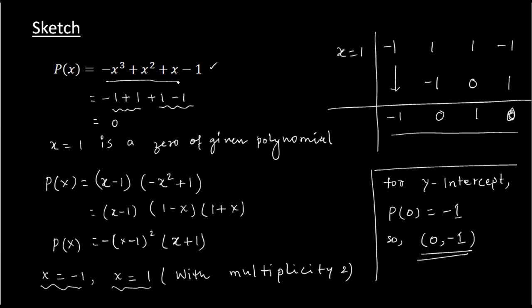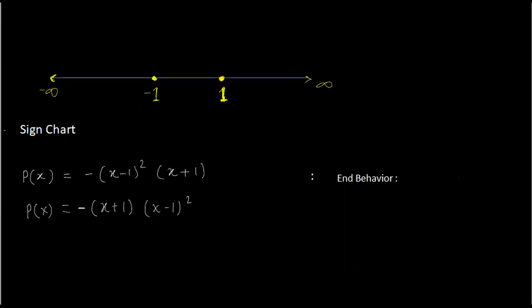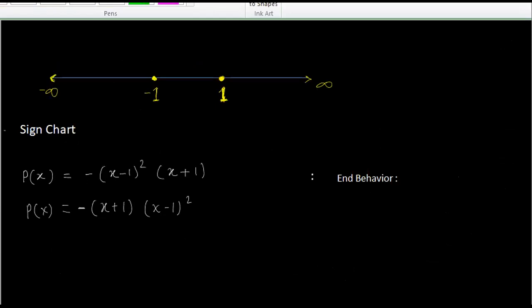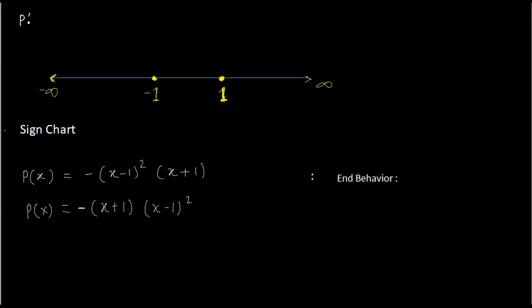Now let us see how we can draw the sign chart. For the sign chart, let us write all zeros of this polynomial. This polynomial p(x) is nothing but negative x minus 1 whole square into x plus 1, or 1 plus x.